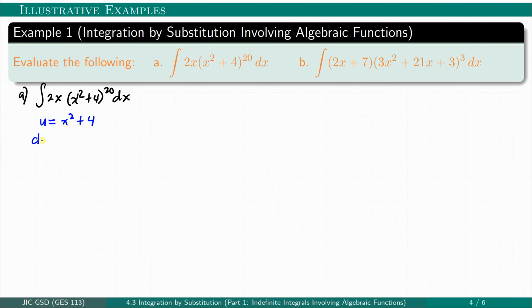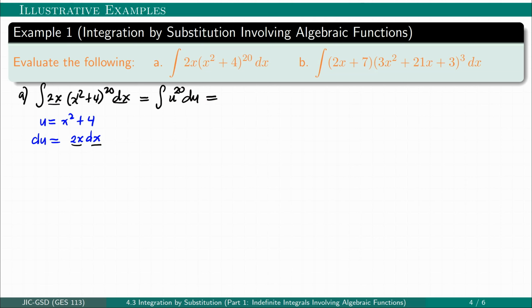So the derivative on the left side will be du. The derivative of x squared plus 4 will be 2x, and we just affix dx. Now, using this substitution, we can rewrite this function as the x squared plus 4 now will be u raised to the power of 20, and 2x dx is actually du.